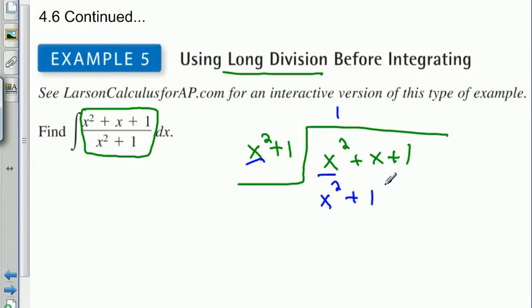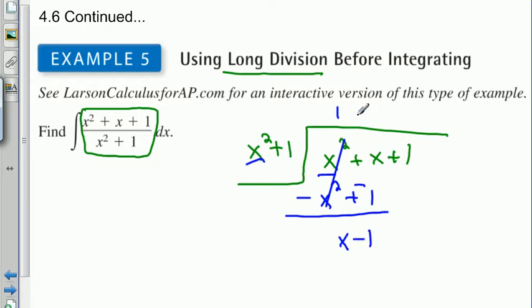Okay. Then we have to subtract these, so we're really adding the negative version of them. We have cancellation here, and we have x minus 1 because you can't combine those. Okay. You could bring down this plus 1, I guess, or you could just try to divide into it. I'm not like an amazing long divider, if you want to call it that.